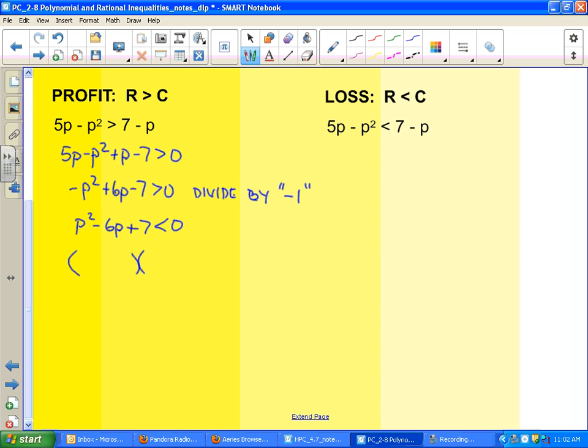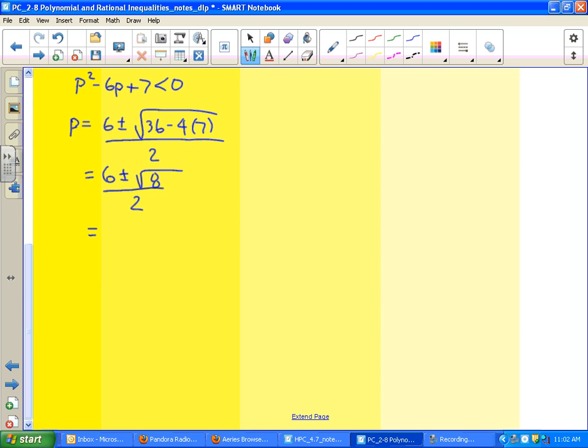So we set up our zeros in this case. We're going to have to use the quadratic formula: negative b plus or minus the square root of b squared minus 4ac. Negative 6 plus or minus the square root of 36 minus 28, over 2.